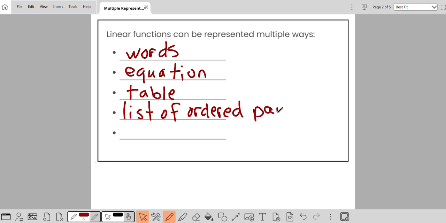And we'll be showing you examples of all of these. And finally, in a graph. Okay, so linear functions can be represented multiple ways. Words, an equation, table, a list of ordered pairs, or a graph.